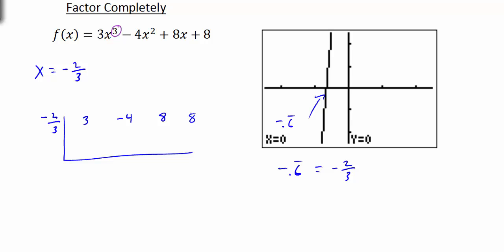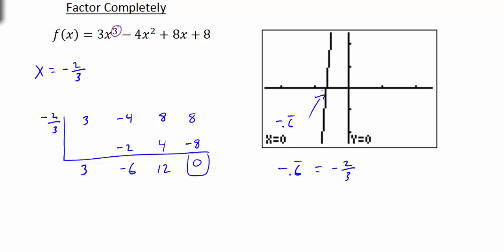All right, so then from here, we're going to bring the 3 down, and then we're going to take 3 times a negative 2/3, and that's going to give us a negative 2. Negative 4 and negative 2 is a negative 6, and we're going to take a negative 6 times a negative 2/3, and that's going to be a positive 4. So 8 and 4 is 12, and then we're going to take 12 times a negative 2/3, which equals a negative 8. And once again, we knew this had to be a remainder of 0 because our negative 2/3 is one of our zeros.